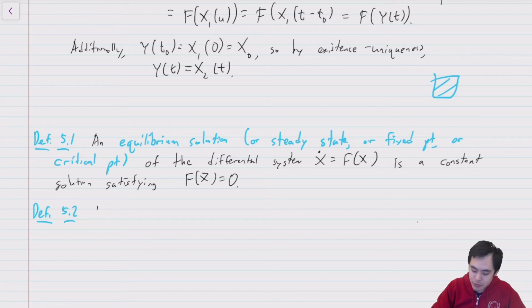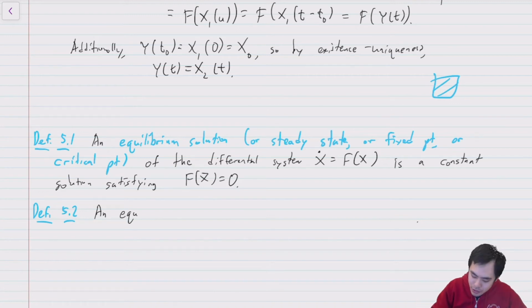Okay, what else do we have? Well, we already started talking about stability in the last chapter when we were talking about linear systems. Of course, we can apply the same kind of thing to nonlinear systems, but here we also have two different concepts of local versus global stability.